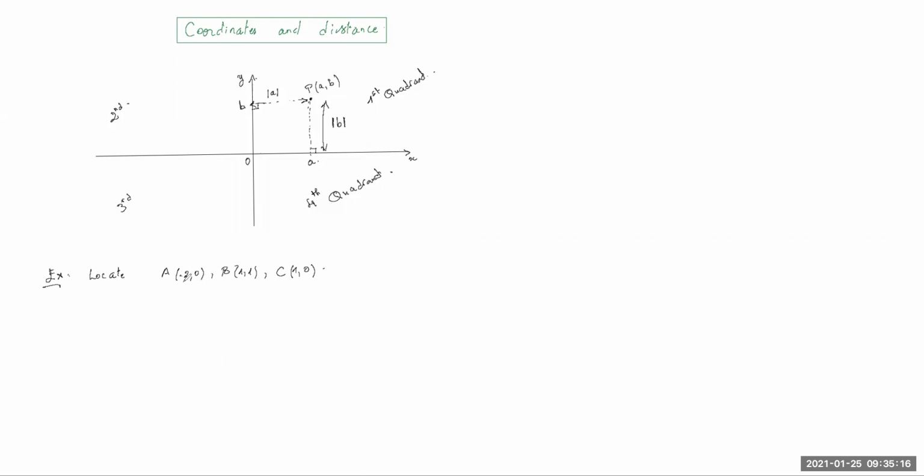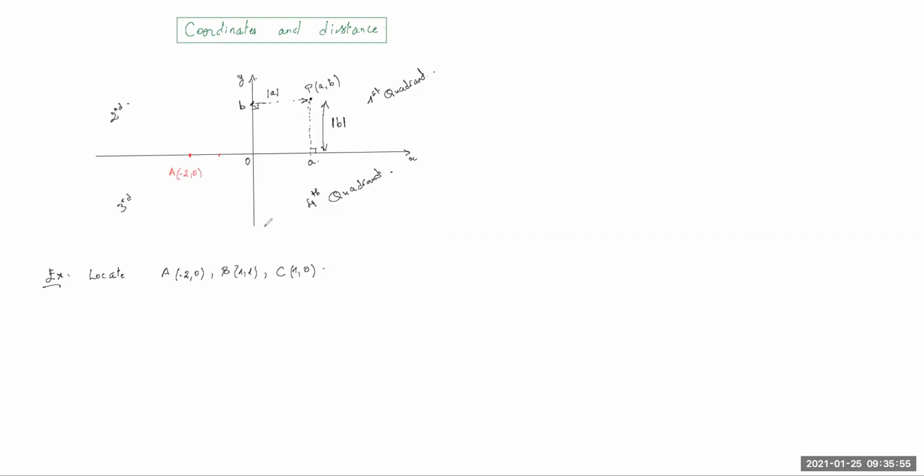The point A has a distance of 2 from the y-axis, but since it's negative, it must be on the left. And its distance to the x-axis is 0, so it must be on the x-axis.